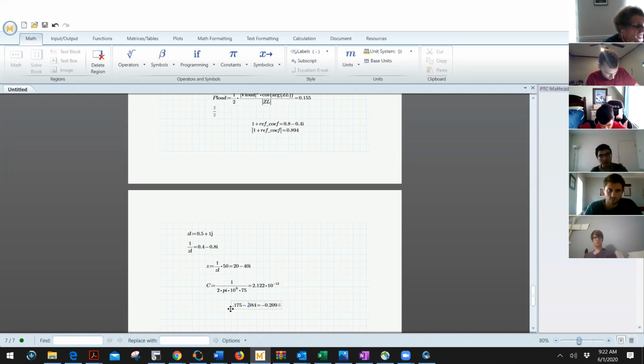Anytime you have a negative value, just add a half wavelength, 0.5. And my new point, the length I would move would be 0.291 lambda. I guess what I'm trying to say is moving from here to here is moving 0.291 lambda. If it was exactly a quarter wavelength, I'd be back here, but it's a little more, it's 0.291 lambda.